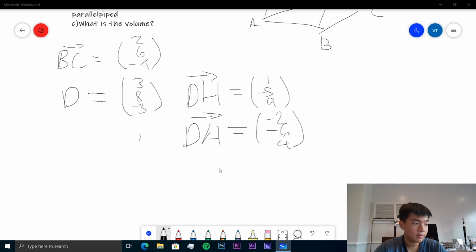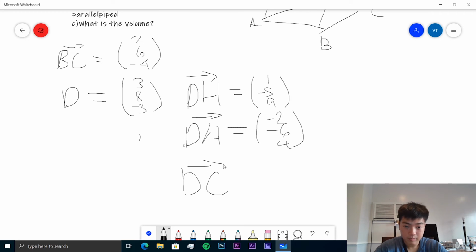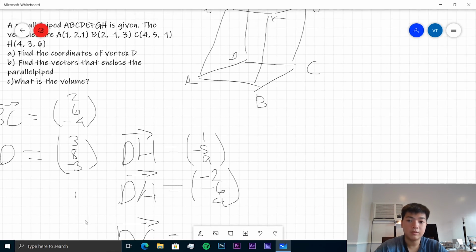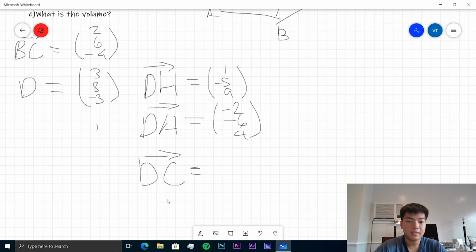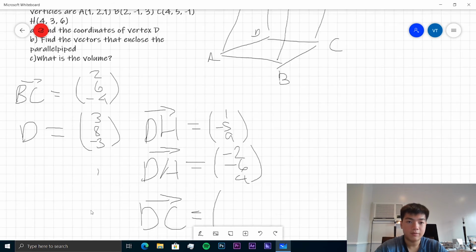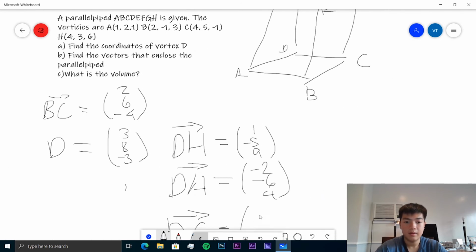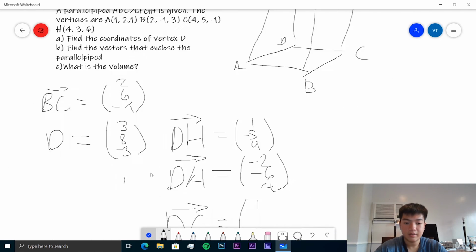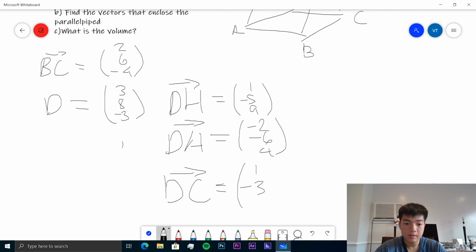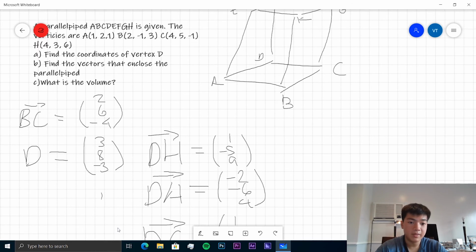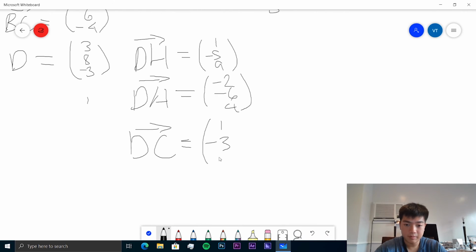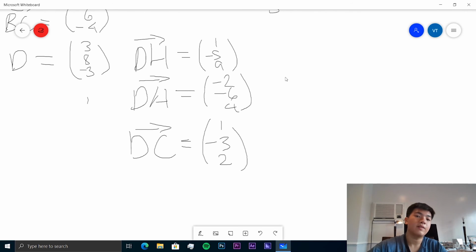And then we need DC, which is equal to 3 minus 4. 4 minus 3 is 1. 5 minus 8, negative 3. And negative 1 minus 3 is 2. So these are the vectors that enclose it.